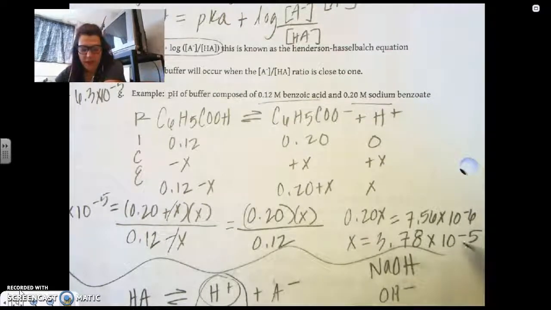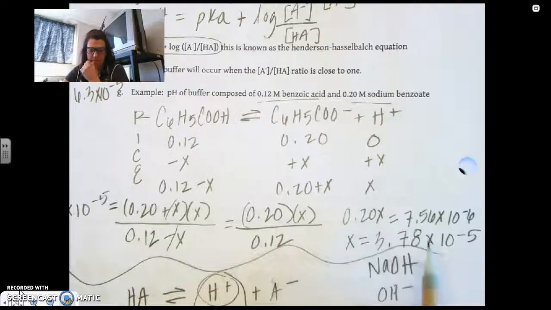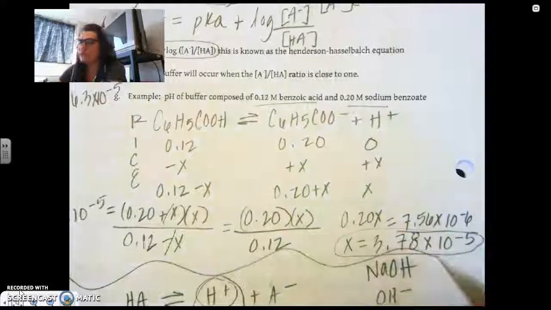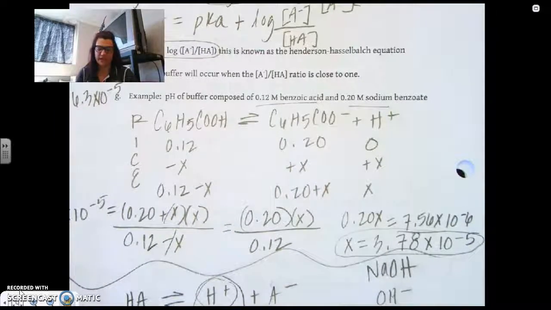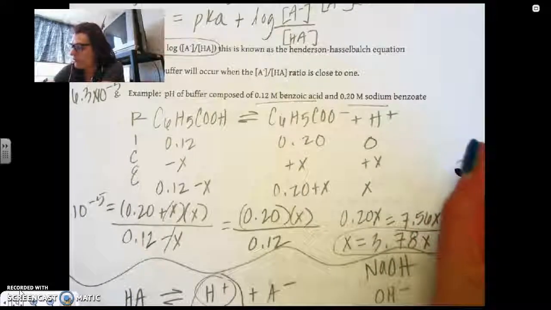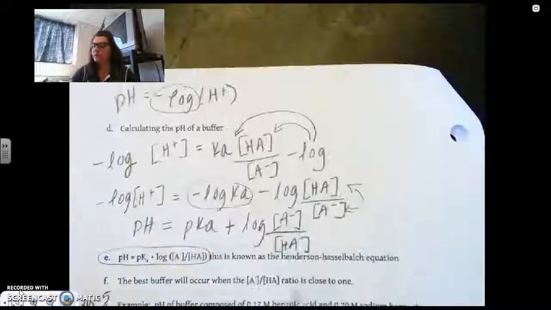This is the concentration of H pluses that we have. So then you can just take the negative log of that to get the pH, and I end up getting a pH of 4.42.